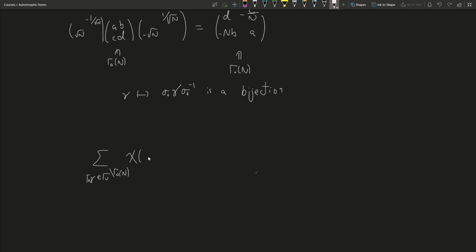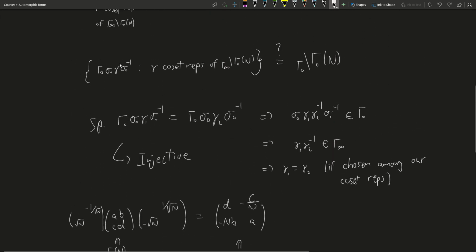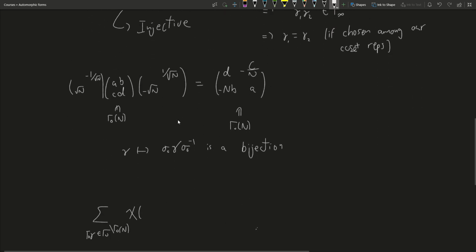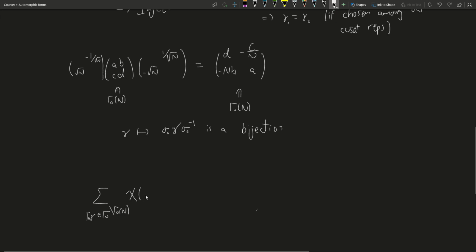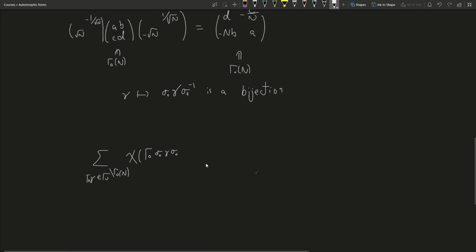Gamma goes to undoing this conjugation. So here we have our coset sigma naught gamma sigma naught inverse. Where you put the inverse doesn't matter here, because you're going to end up getting the same value at the character.